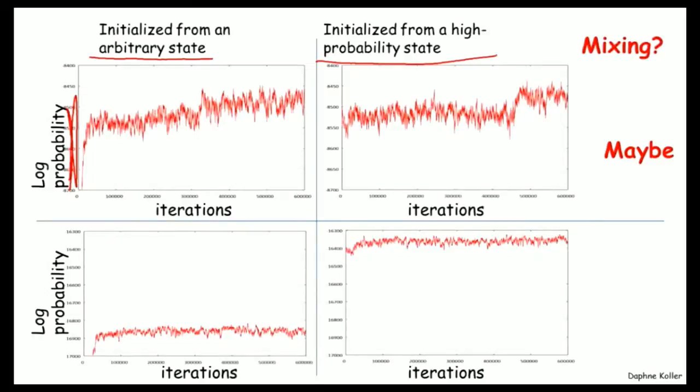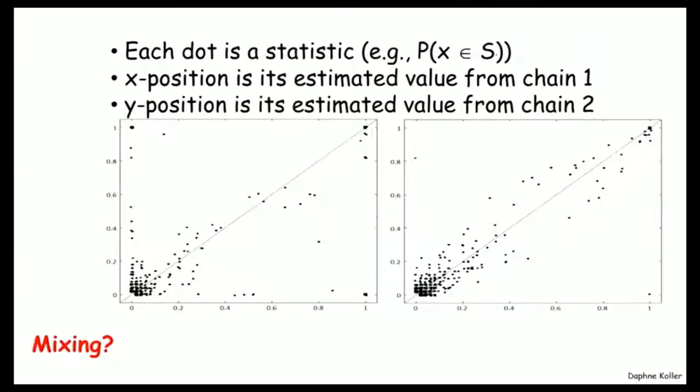Here is, again, an example of two runs, one of which is initialized from an arbitrary state and one from a high probability state. And you can see that the log probability values are nowhere close to each other. And so in this case, the answer is definitely not. These are two runs of the chain, and really neither has mixed. And so you need to run for a lot longer, and this goes up to 600,000, which indicates to you how much time this might take.